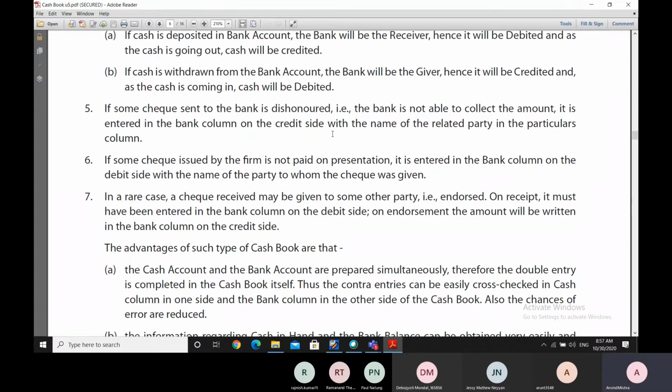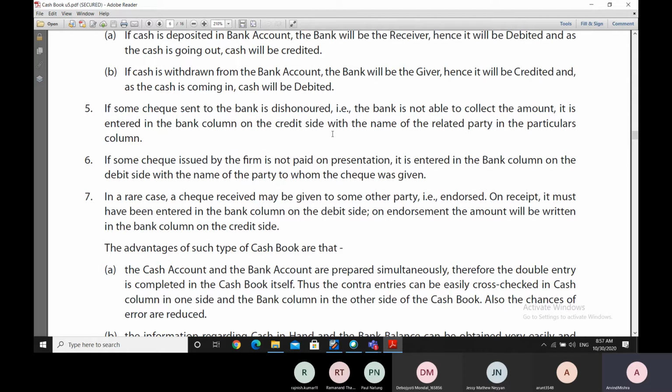We are writing it by putting an entry of the payment of the cash on the right side or on the credit side, and contra entry on the receipt of the cash in the bank in the same row, and writing a word capital C in the ledger folio. This point has to be understood very clearly.